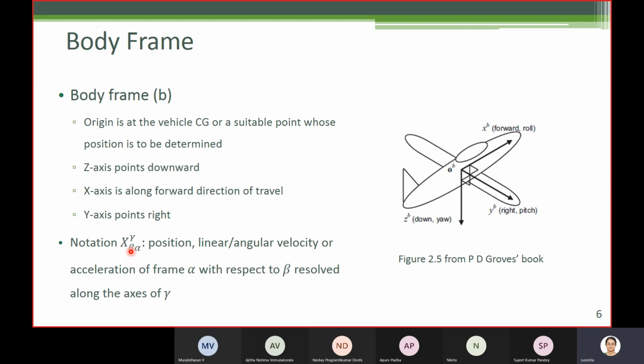In the subscript we write the reference frame, and in the superscript we write the object frame whose orientation we are interested in. So this is a convention that we are going to use in this class, and it is as per Paul Groves' book.